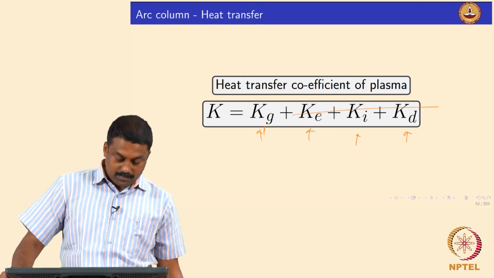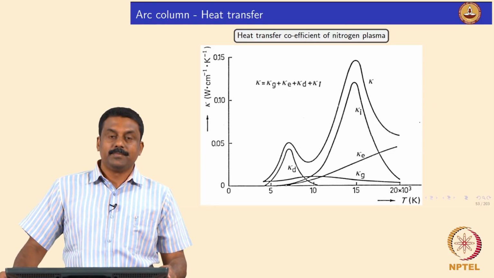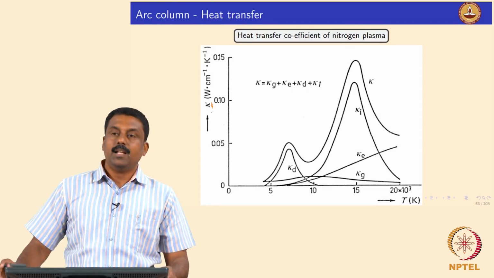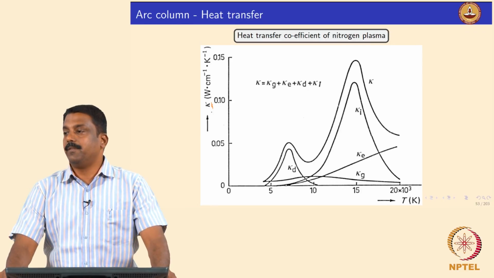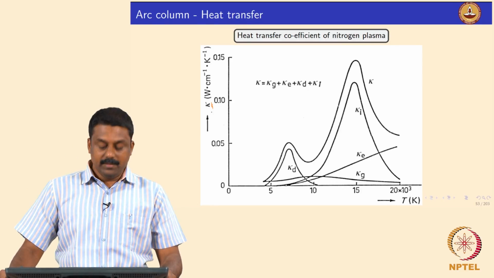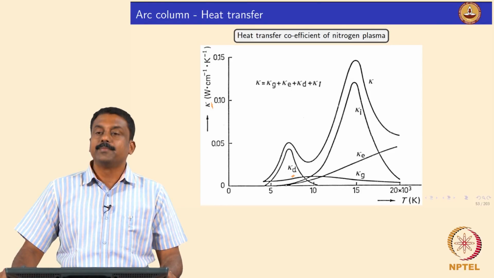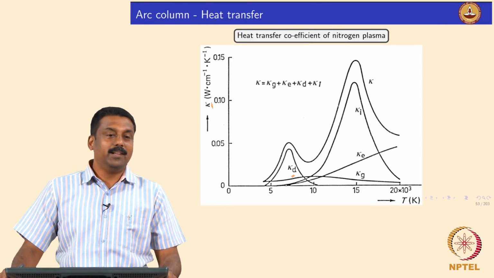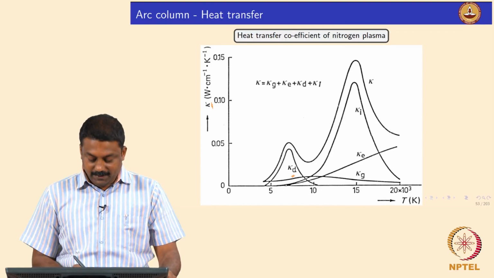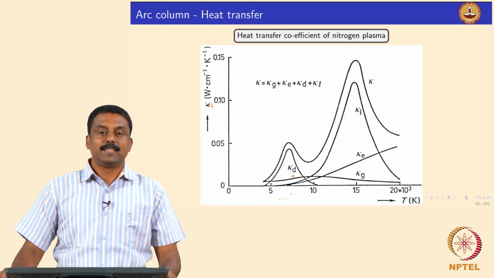Okay. How? Like this. So, this is the total heat transfer coefficient by conduction. So, Kd, what is the d term? Dissociation, de-dissociation, that can be significant at lower temperatures. Okay.